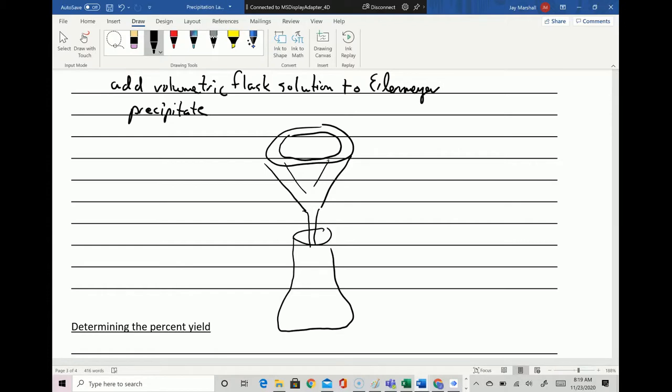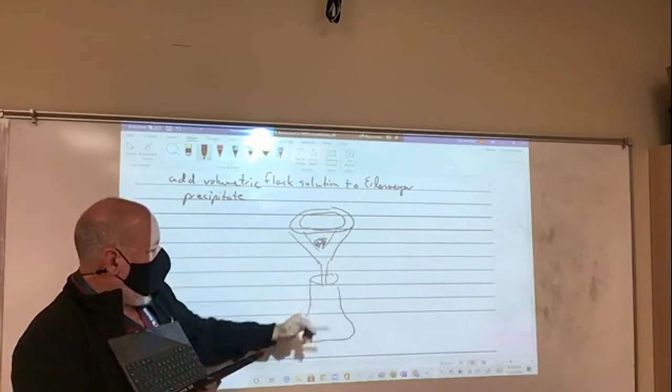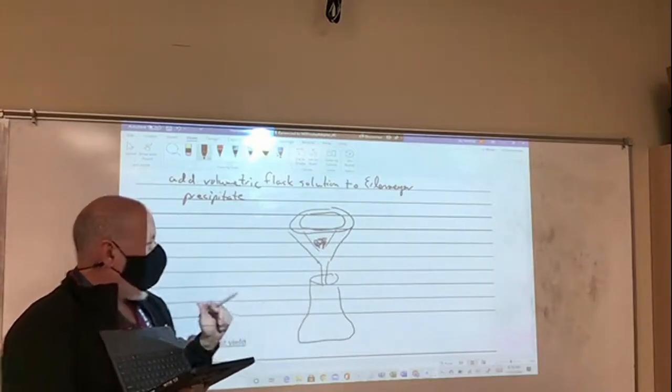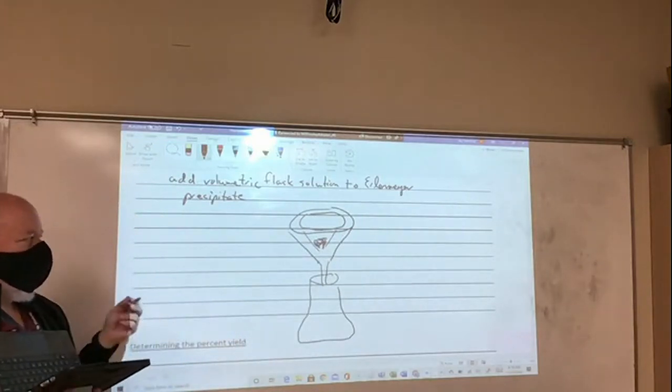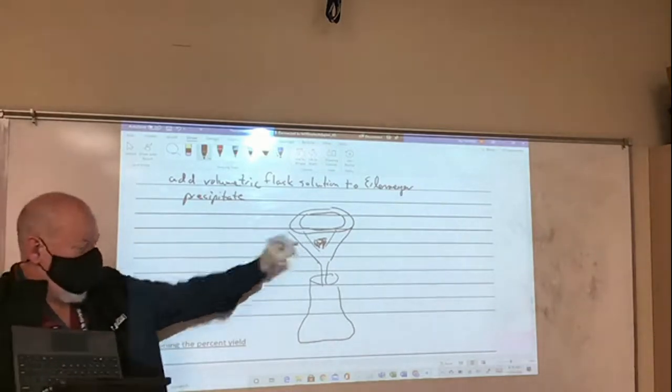Okay, and I'll give you the filter paper. I haven't put it out yet, but I'll give you the filter paper, and that will collect all of the precipitate. Now, initially, it will be very moist because it's still got liquid in it, and we don't want to weigh the liquid. We want to weigh or mass the precipitate.